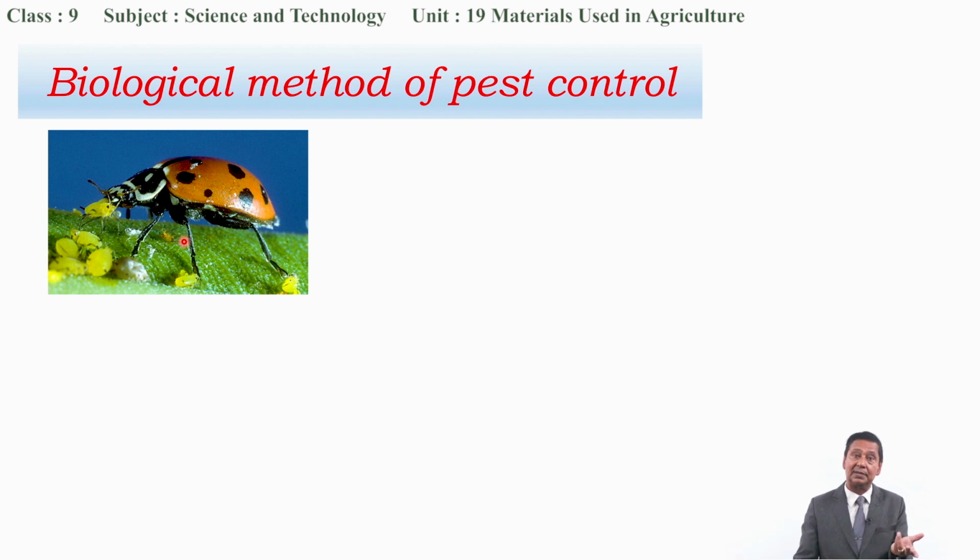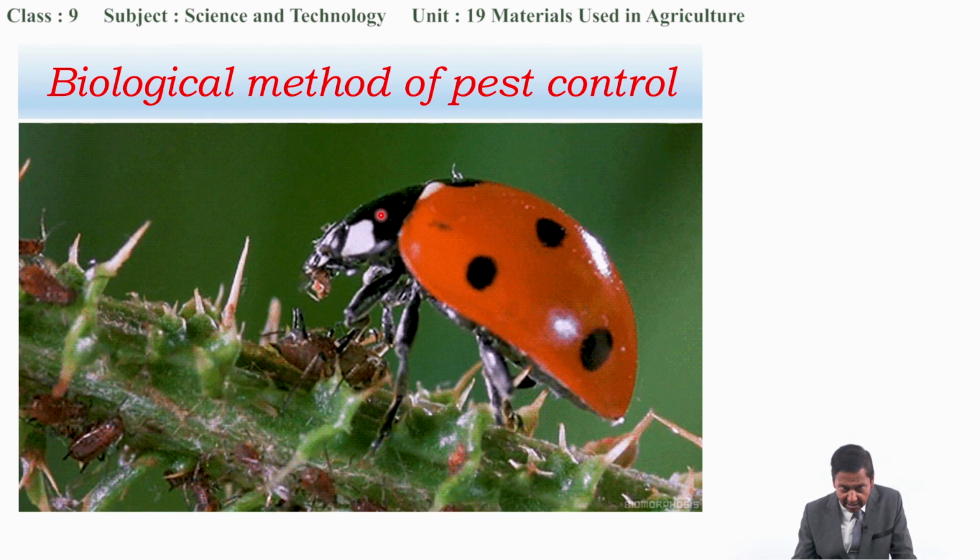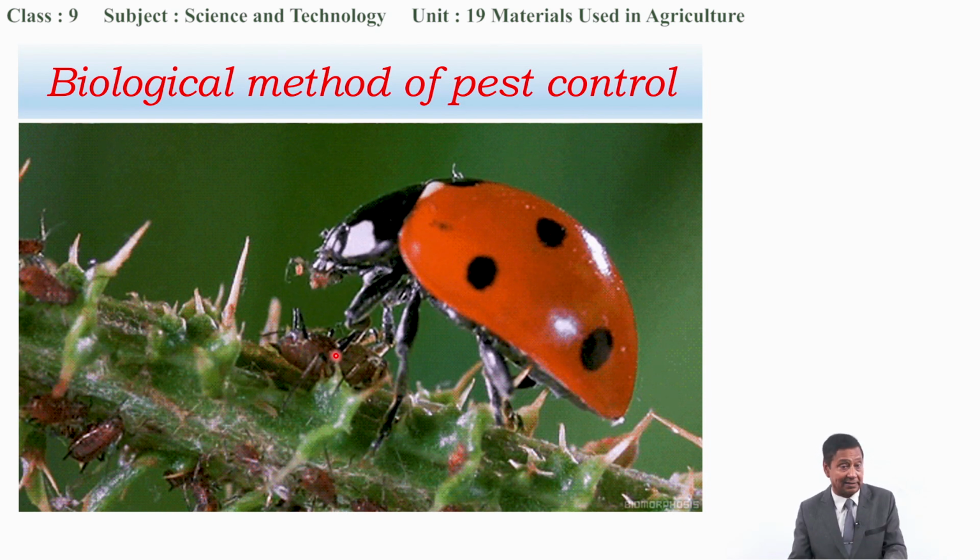This is very interesting and it can be seen very nicely here. This is a ladybird which is feeding on the scale insect, and this is very good because this scale insect is destroying the crops. Once in California of America, the ladybird was used in the orchards.